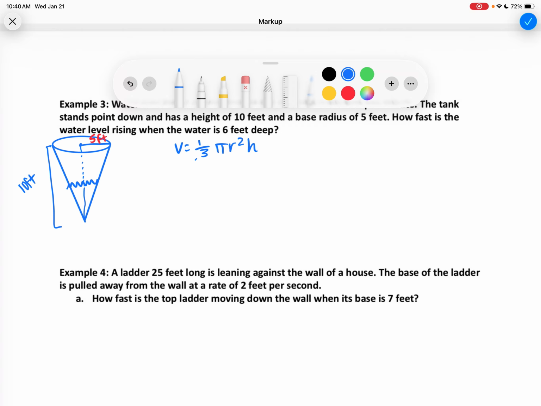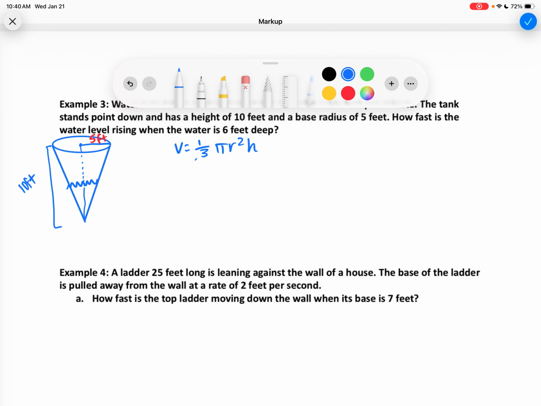That formula is pi r squared, the base of a circle, times the height for your volume. So essentially, if I take the cone out, there's kind of 3 cones in a cylinder if you visualize it that way, and that's where the 1/3 comes from for your cone. So that might help you remember it.